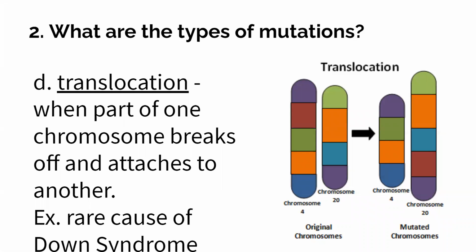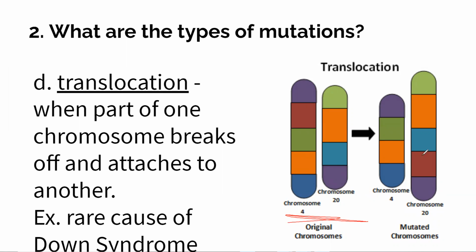Or you could have something called a translocation. And that happens when a part of one chromosome breaks off and it attaches to another part of a different chromosome. So if we look at our original chromosomes in this little situation over on the left, we have purple, red, green, orange, blue, and then green, orange, blue, purple.